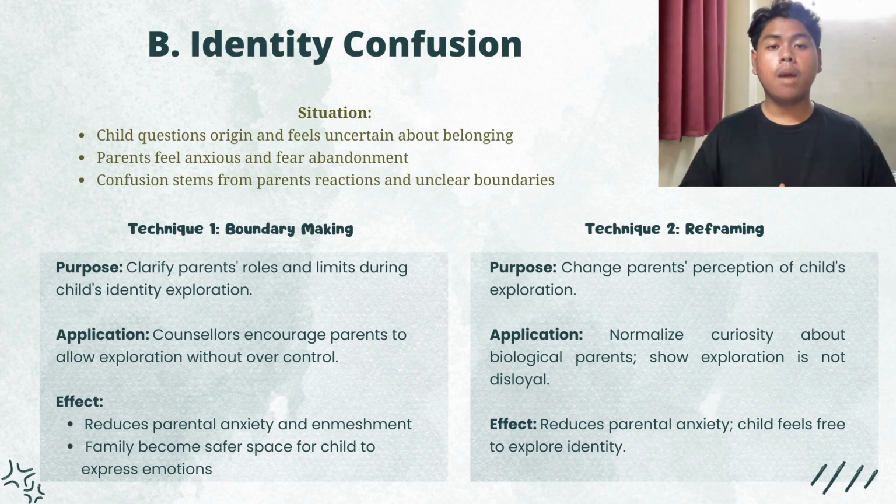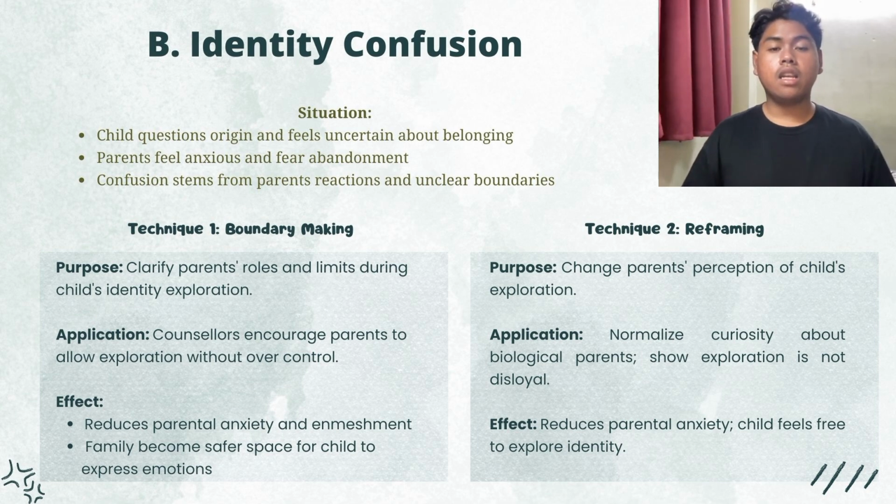By doing this, parents learn to provide support while still respecting the child's autonomy. As a result, parent anxiety and emotional enmeshment are reduced. The family becomes a safer emotional environment where the child feels comfortable expressing their feelings, thoughts, and emotions. This helps strengthen trust within the family.